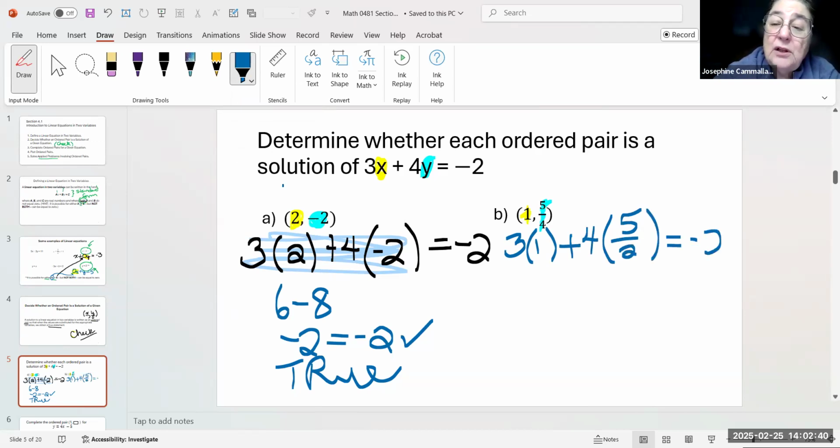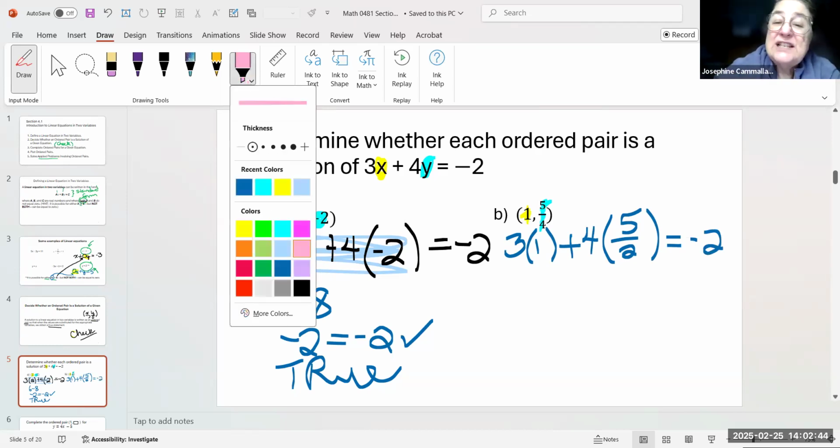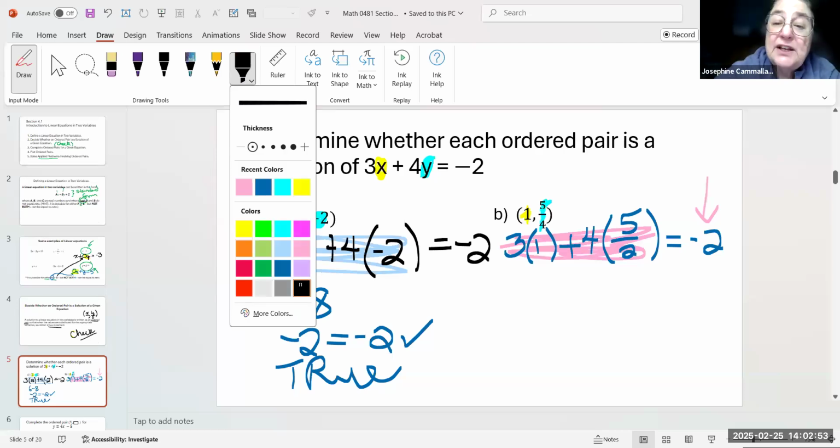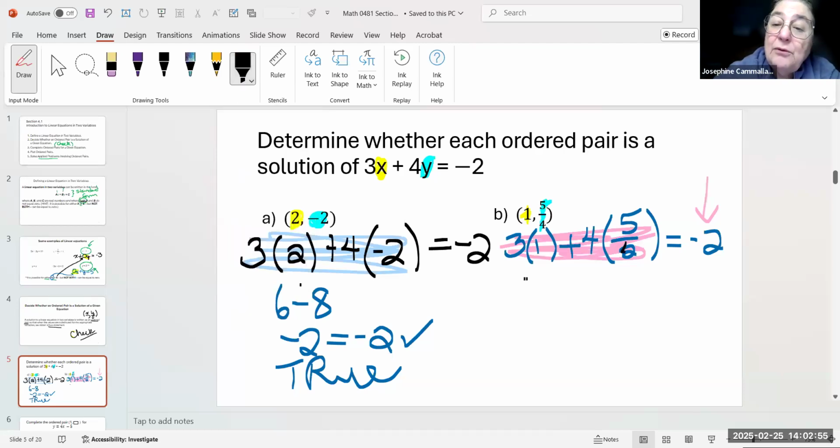Does this equal -2? Well, again, does this pink part equal -2? Well, we've got to combine terms. Oop, thank you. This is a 4.